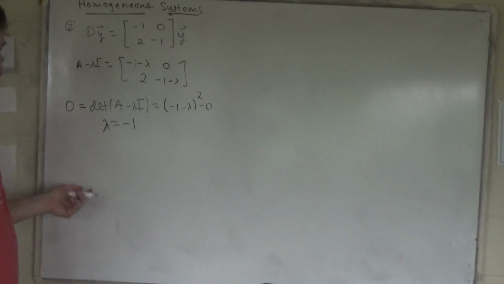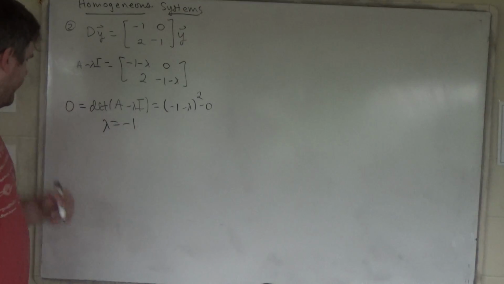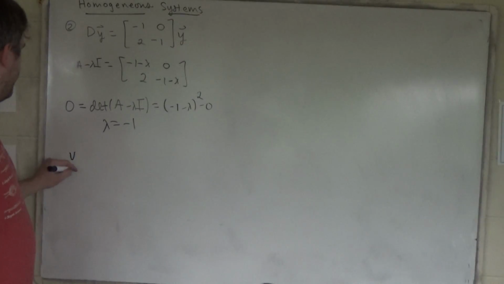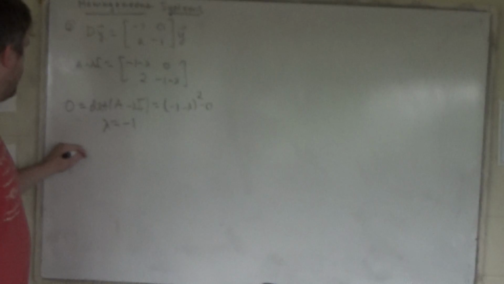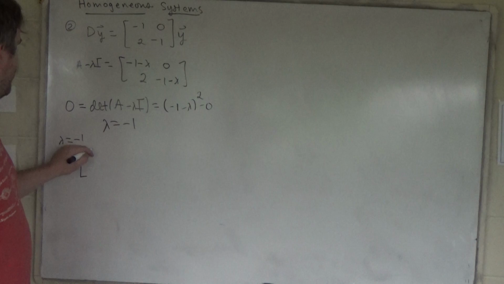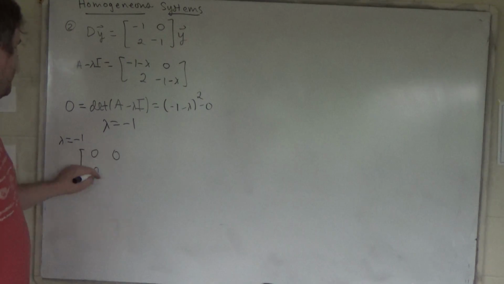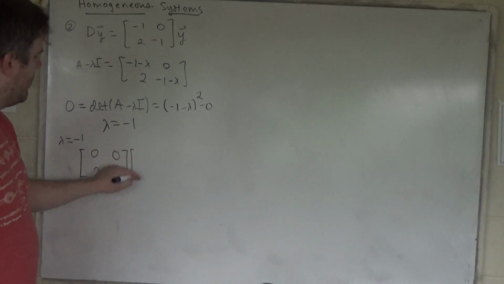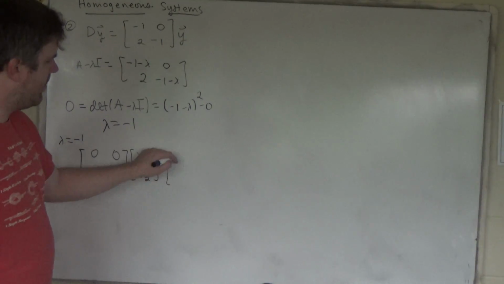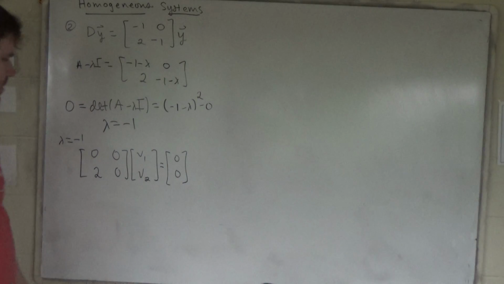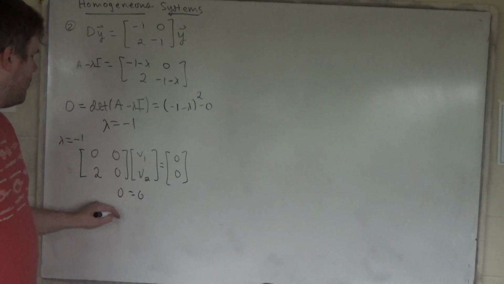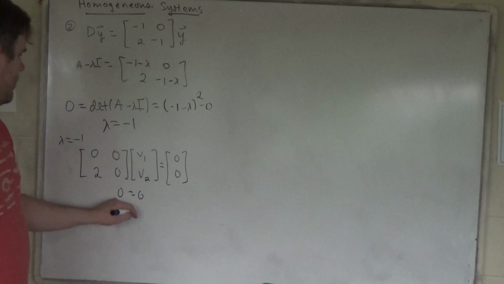Okay, I still have to find the eigenvector corresponding to this. If I plug in lambda equals -1, I get 0, 0, 2, 0, and the vector components v1 and v2, again set equal to the 0 vector. This yields 0 equals 0, or 2v1 equals 0.